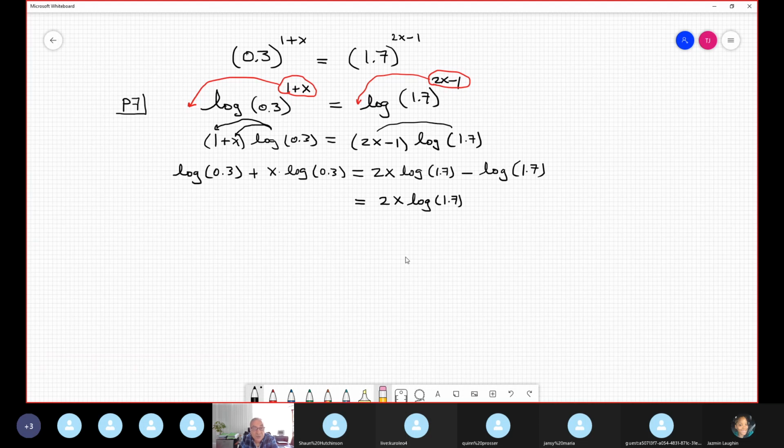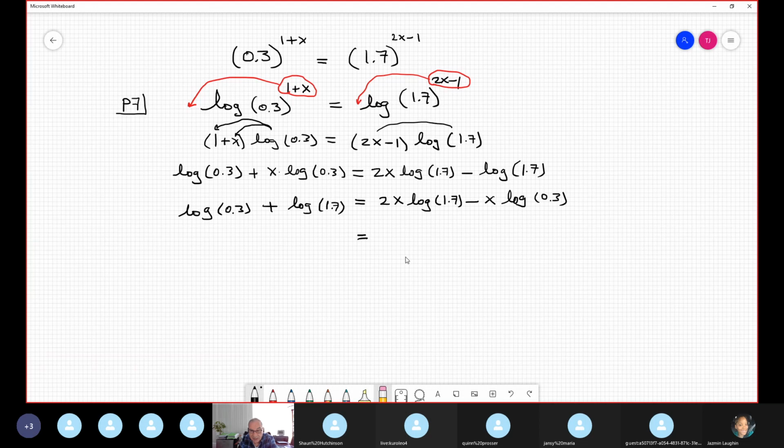Okay, I move this to the right, because my goal is somehow grouping the x. I put a term that contains x to the right hand side. Maybe, no. It's one possibility. And this stays here. And this plus logarithm 1.7. Okay, good.